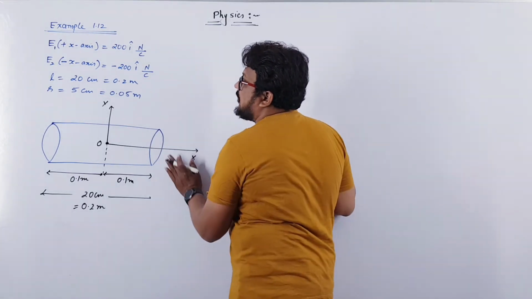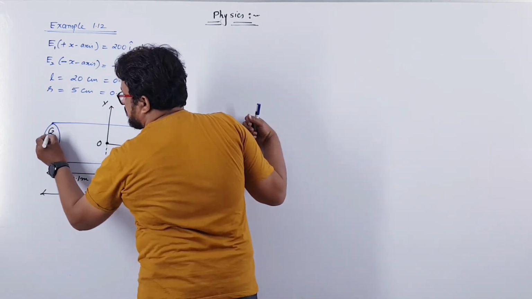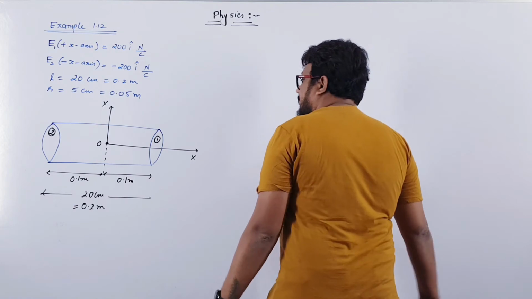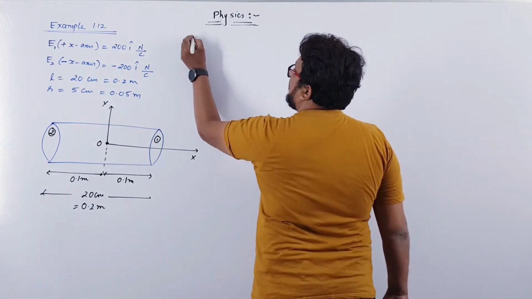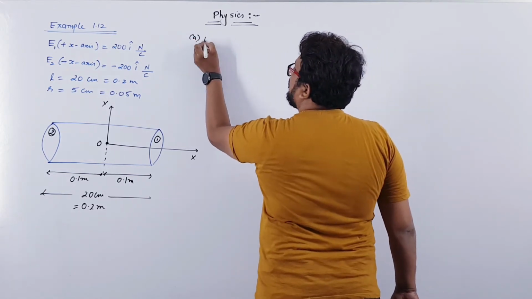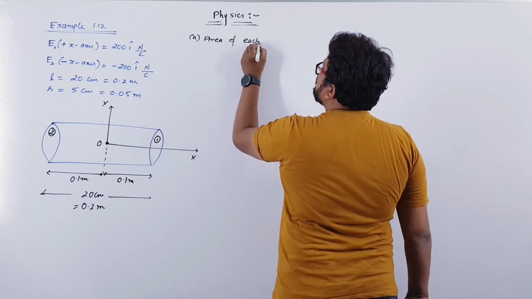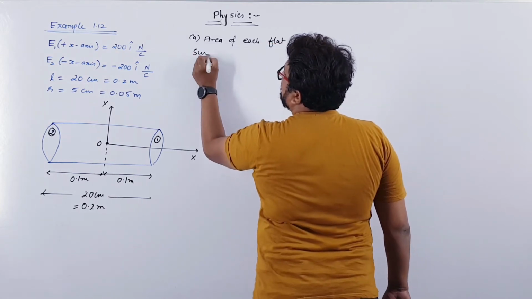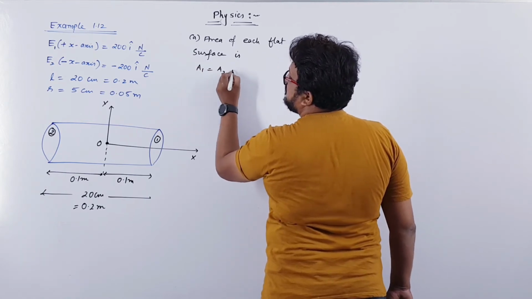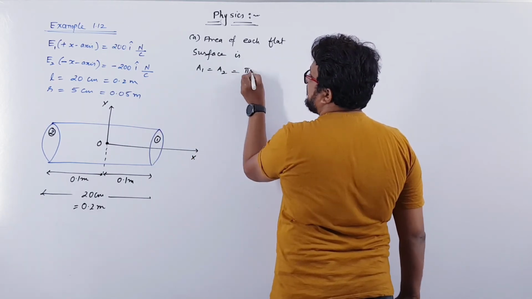Look, this surface is along positive x and the electric field is positive. So let me write this as surface 1 and this as surface 2, because the electric field is negative for the negative x direction. First thing is we have to find the flux through each flat surface. So let me write the area of each flat surface, A1 equal to A2, which is equal to the area of a circle, pi r square.